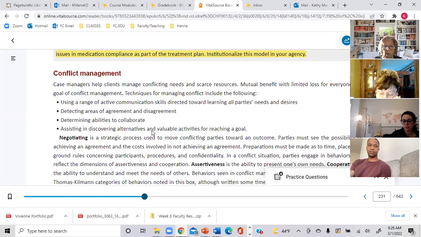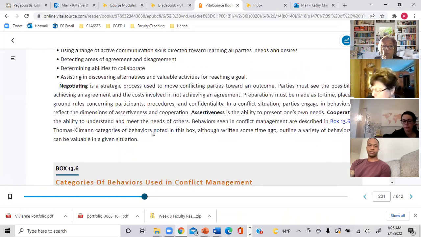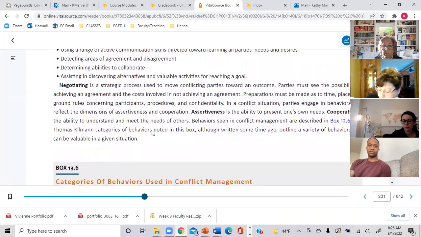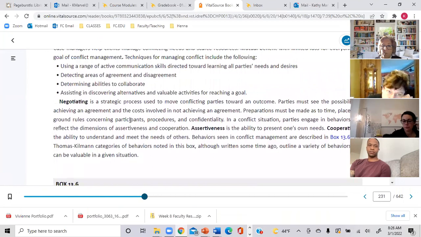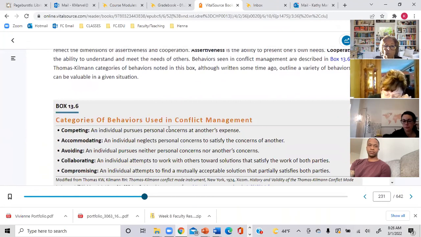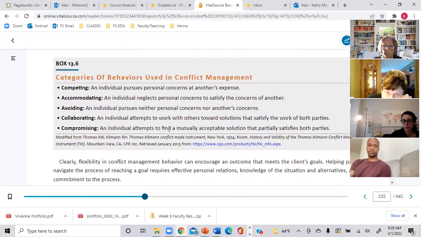Well, a couple of words come to mind, which is negotiation, assertiveness, and cooperation. And box 13.6 has behaviors that could be used in conflict management.